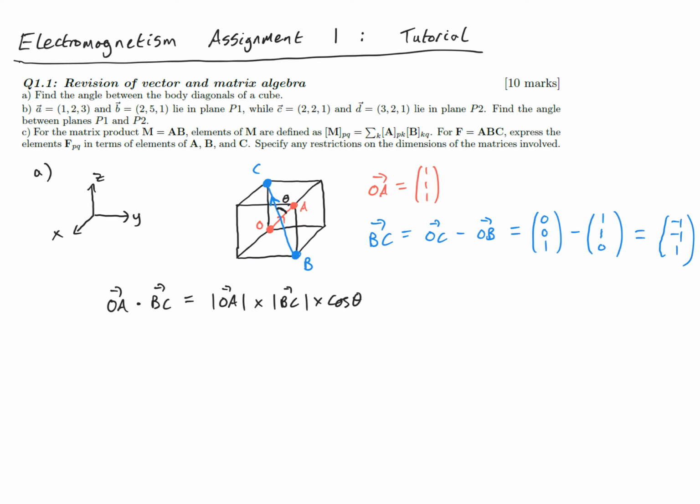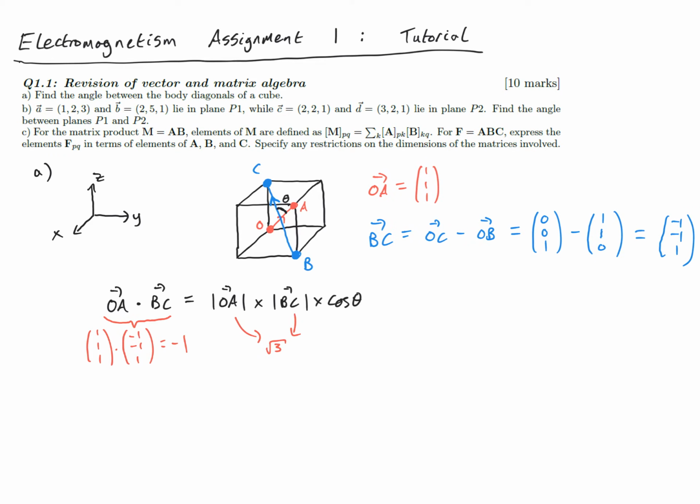Okay, so on the left-hand side we have the dot product between OA and BC. That is (1, 1, 1) dot (-1, -1, 1), which is equal to -1 on the left-hand side. On the right-hand side, we have the lengths of the vectors OA and BC, and both of those lengths are equal to square root 3.